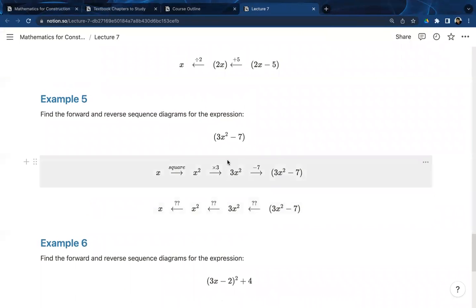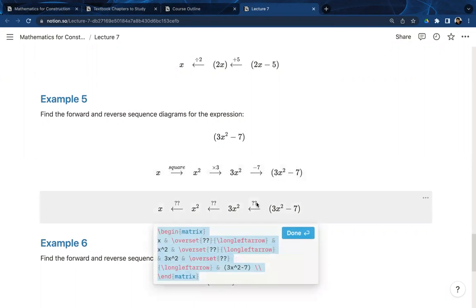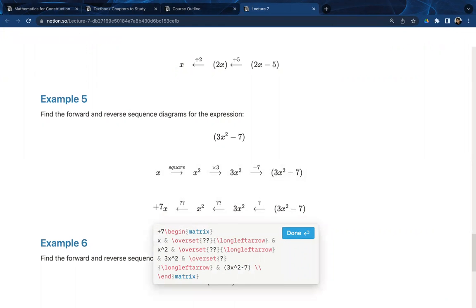Okay, so basically what you have to do, when you find a forward sequence diagram, is just copy the diagram and change the direction of all the arrows. And above each arrow, where you would have the operation, you just want the reversal of it. So the reversal of minus 7 is plus 7, okay?